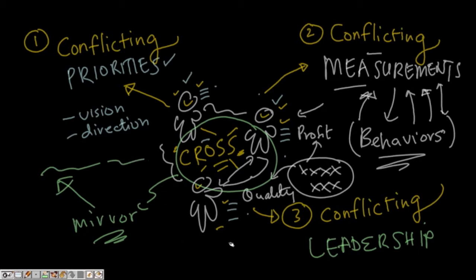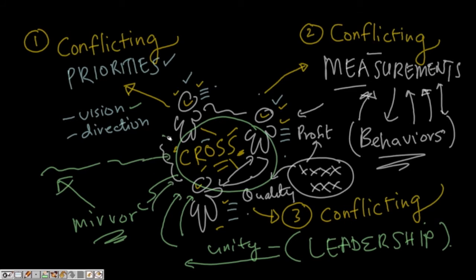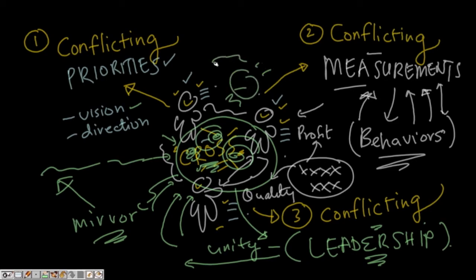Because if there is no sense of unity or coherency in the top leadership, if even in the leadership itself the vision is not united, if you get mixed messages, then the conflict that is up there gets translated to the organization downwards. So what's happening at the organization, at the functional level, many times is a mirror of the conflict that is happening at the leadership level. If there are mixed messages up here, there will be mixed messages down here as well.